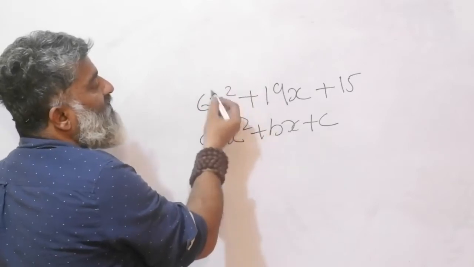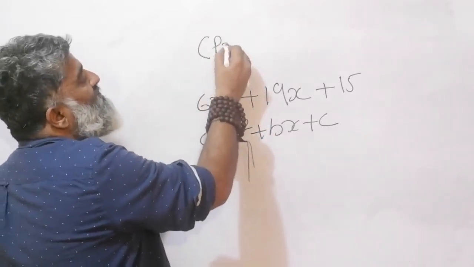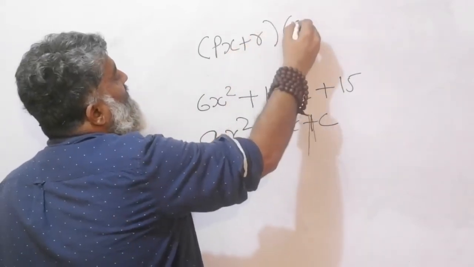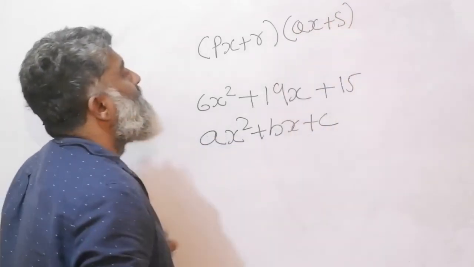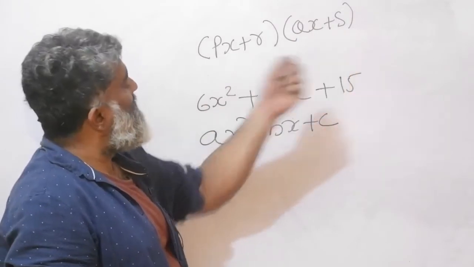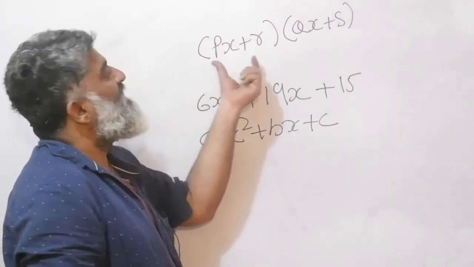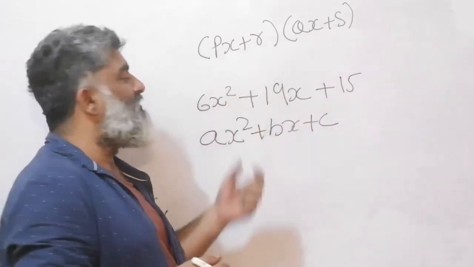So instead of that 2x plus 3 etc., can I now generalize that also? px plus r and qx plus s. Even instead of those numbers, I am going for the general form.